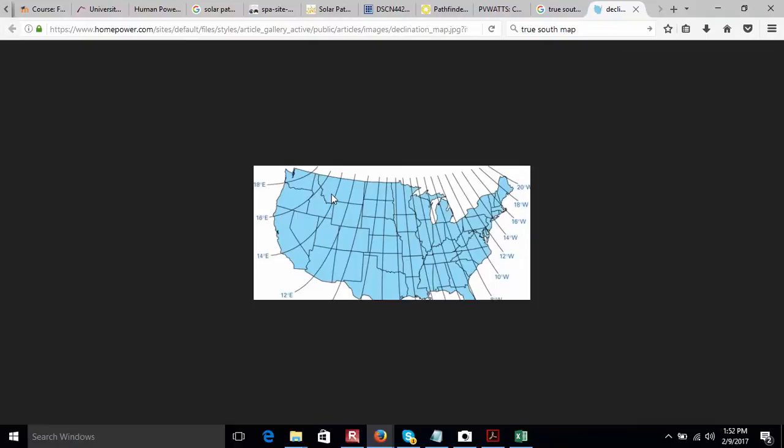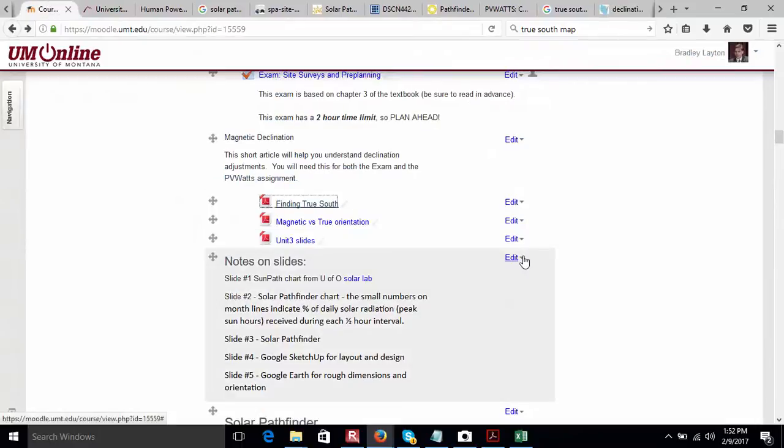So if we're here, your needle is going to be pointing in this direction. So you're going to have to turn basically 15 degrees to the east to get to true south, because your compass is always going to be telling you the south is a little bit to the west. That's fairly straightforward too.